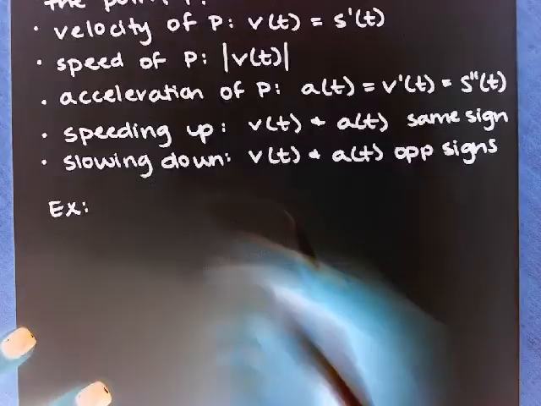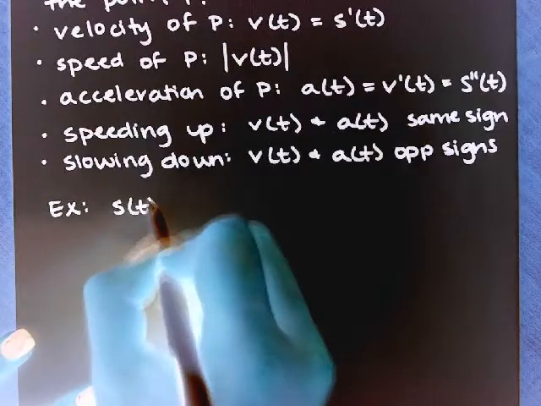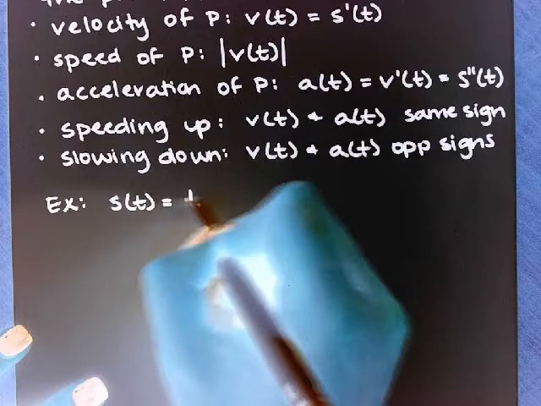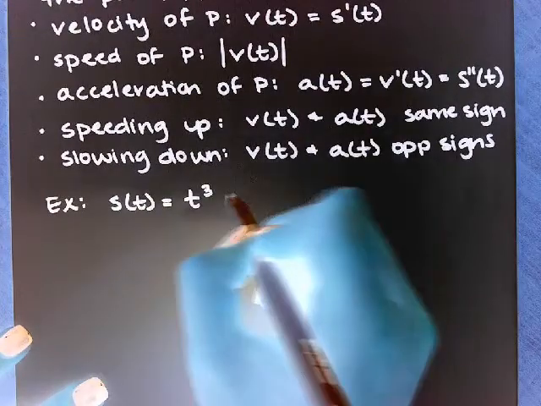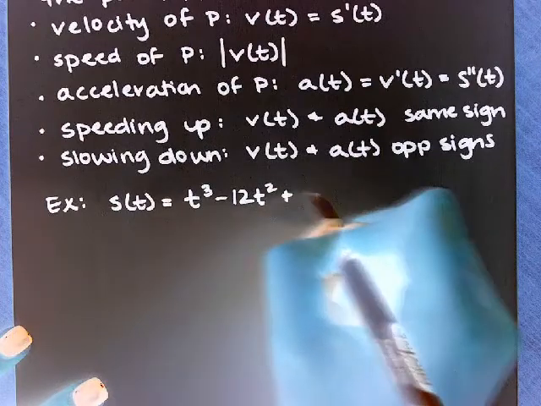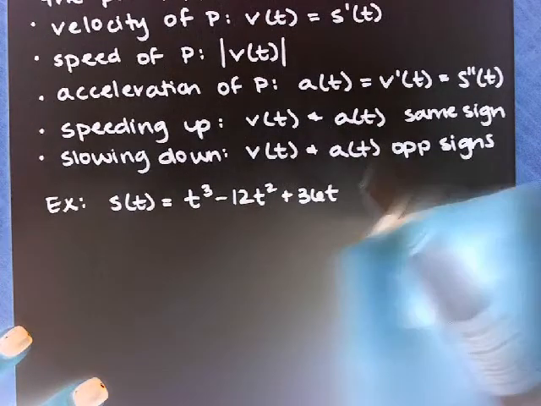We are going to take the original function that describes the position of the point, and that original function is t to the third minus 12t squared plus 36t minus 20.